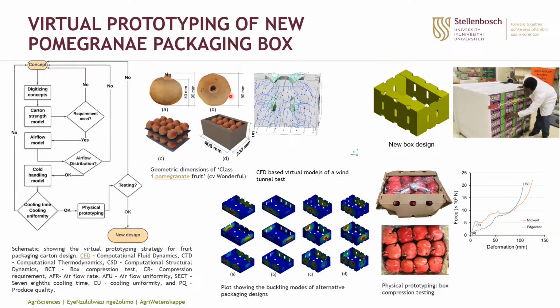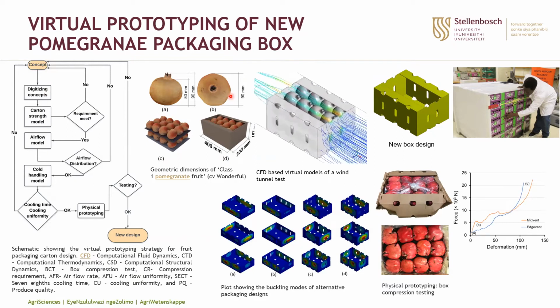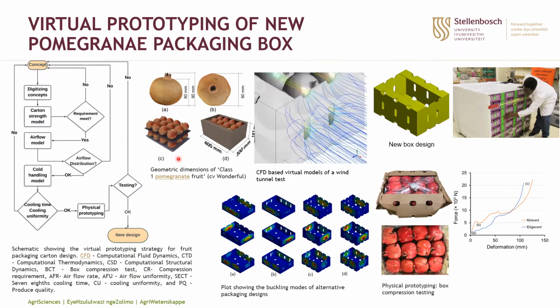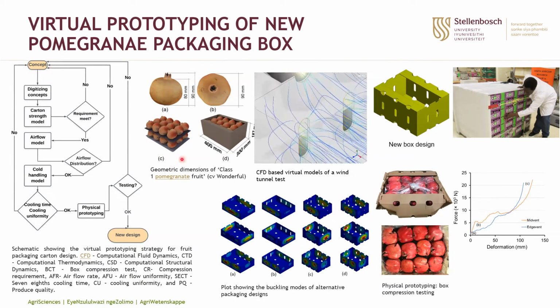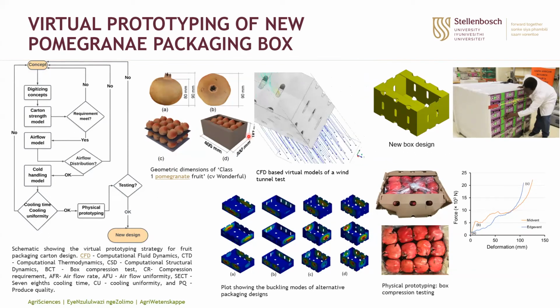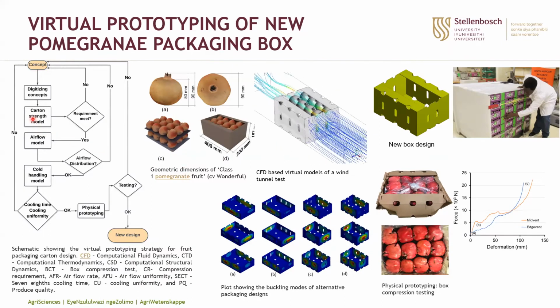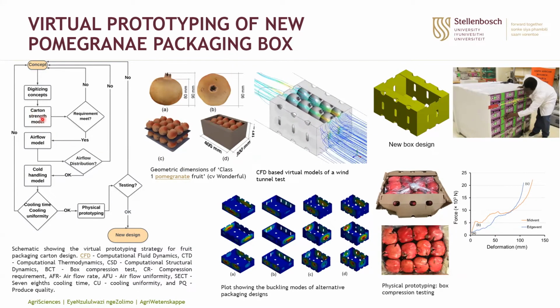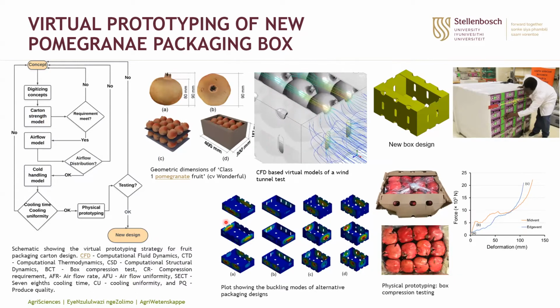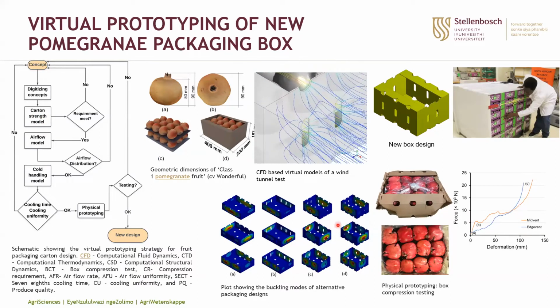Original boxes are a single layer and very poor in space usage. So a first concept is to have 2 layers of fruit in a single box, and the concept is digitized here, and carton strength is modeled using an appropriate model.